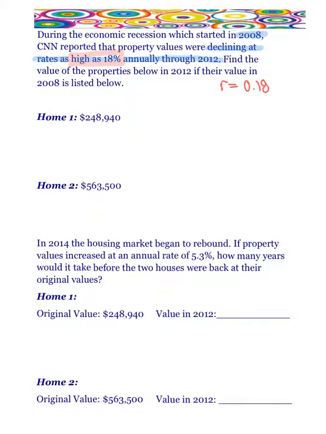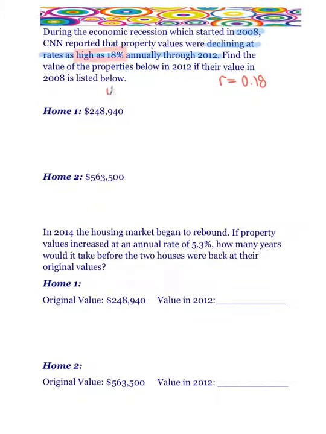So if I were to write a model just for these 4 years from 2008 to 2012, I would say y equals my A, my initial amount, is always going to be the starting value of the property. So home 1, it would be $248,940. For home 2, it would be $563,500.